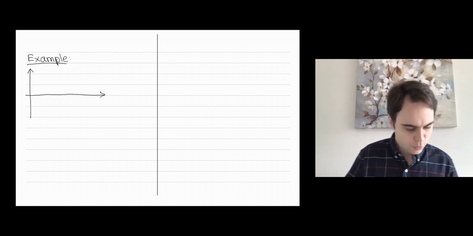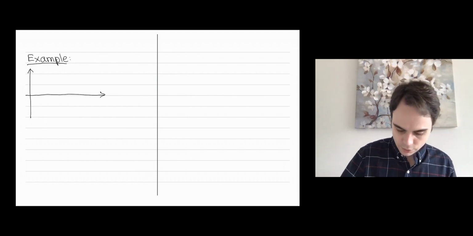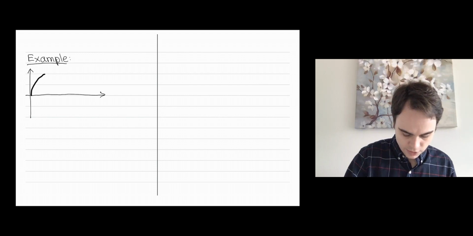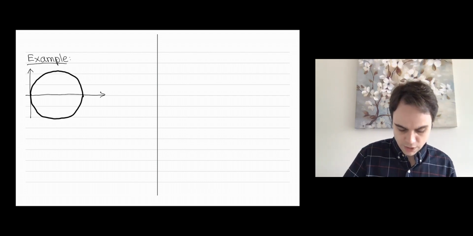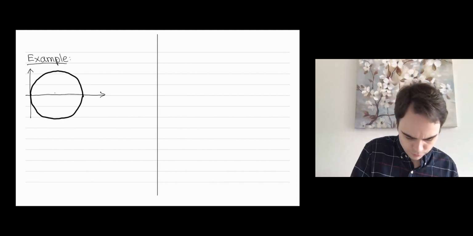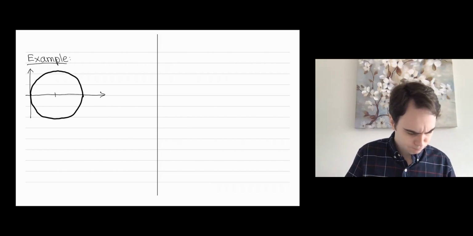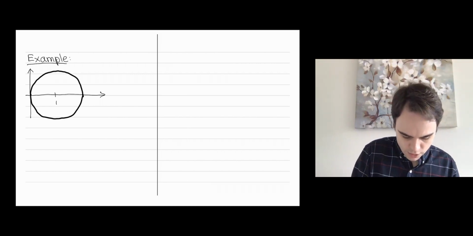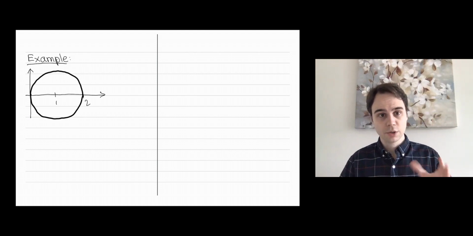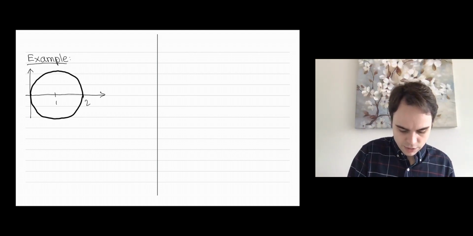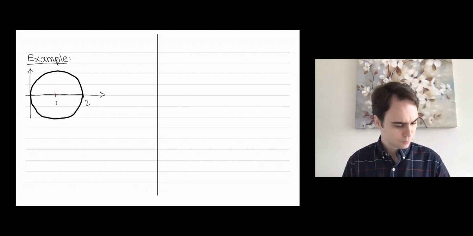How do we describe a circle that's not around the origin? The origin is on the boundary of the circle, but the circle itself is not around the origin, right? So let's say this is 1, this is 2. We're talking about a circle of radius 1, but centered around the point (1, 0).